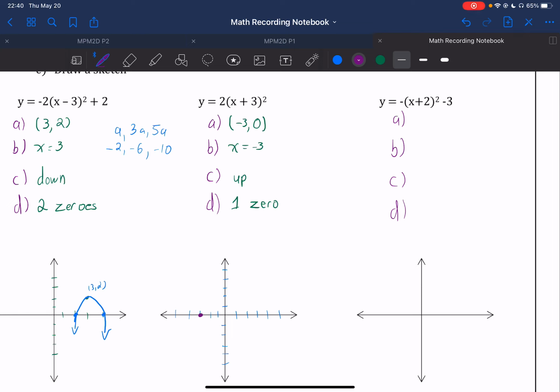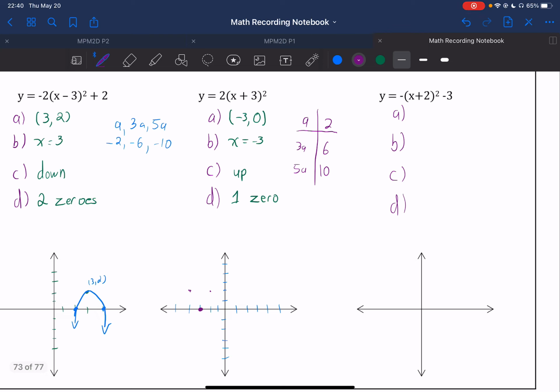In this case, we have A, 3A, 5A. So our next point, since it's multiplied by 2, would be 2, 6, and 10. We go over 1, up 2, over 1, up 2. Again, if we had more space, we'd go up 6 from this point.